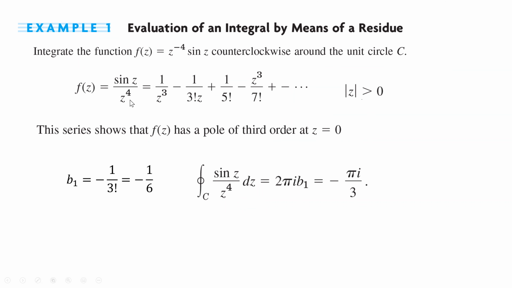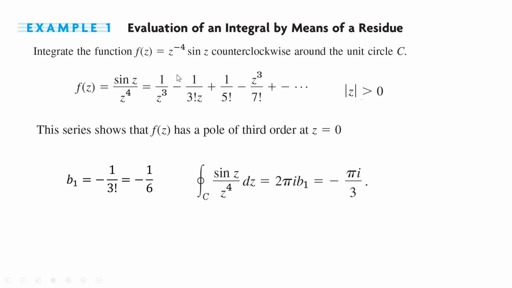And then if you divide by z to the fourth, you get these terms: 1 over z cubed, minus 1 over 3 factorial z, plus a constant term, 1 over 120, and then a term with z, and so forth. So the next terms are all positive powers. And you see that this is at z naught equal to 0, because z minus z naught is just z here.